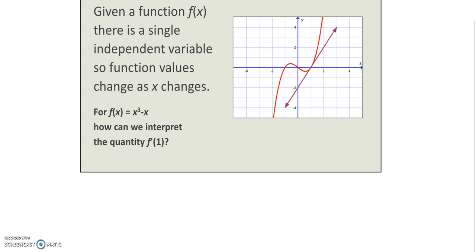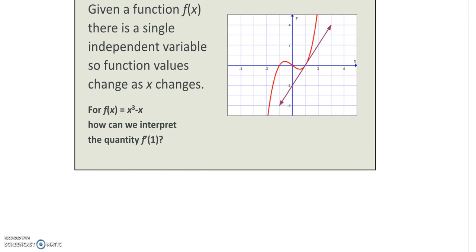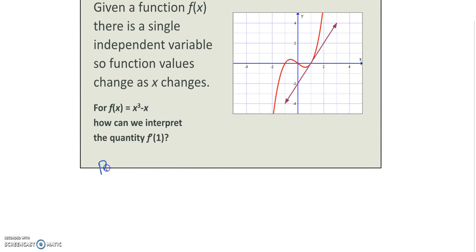Well, we could have a procedural kind of perspective on this. If I had a procedural perspective, I would say basically I'm going to replace x with 1 in the f prime of x function.